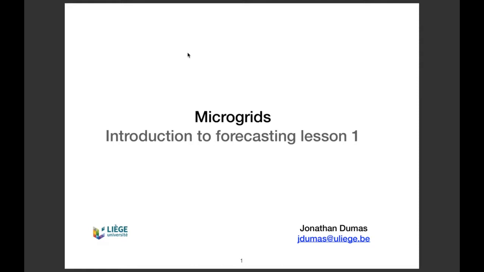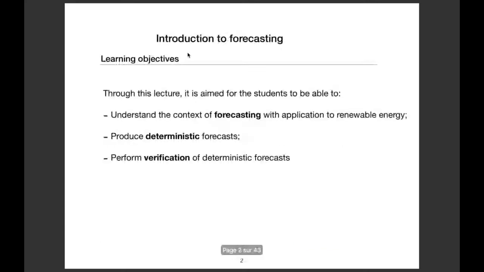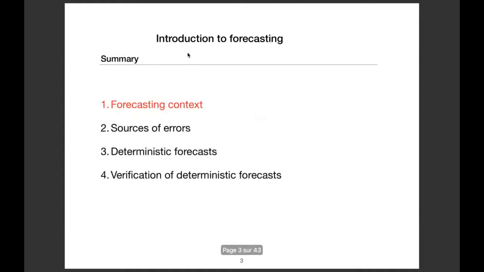Okay. So this first lesson is about an introduction to forecasting. And the learning objectives are to understand the context of forecasting with an application to renewable energy, to produce deterministic forecasts, and to perform verification of deterministic forecasts. These are the objectives of the lesson of today.